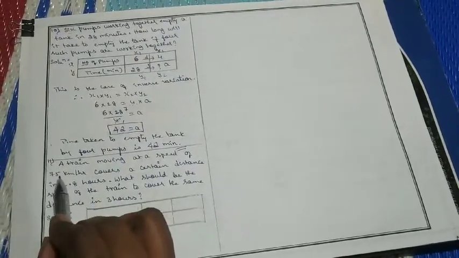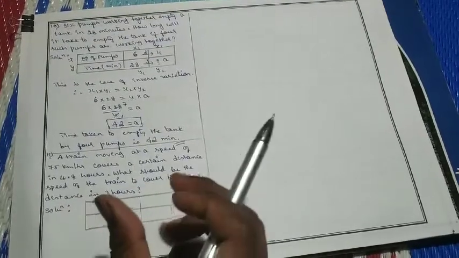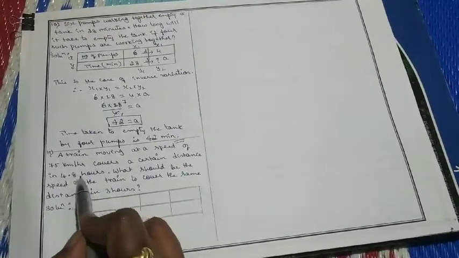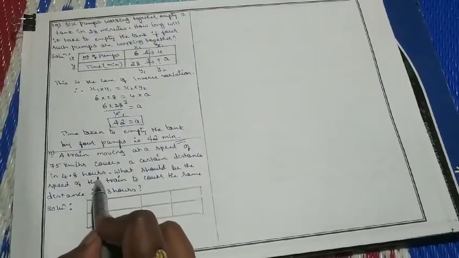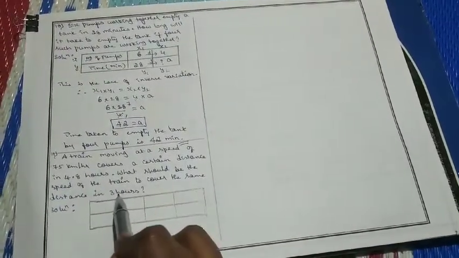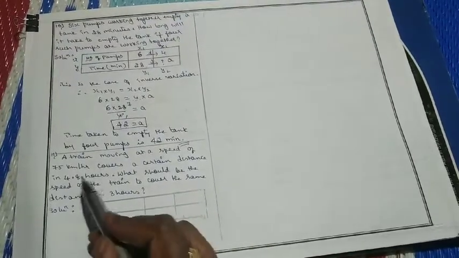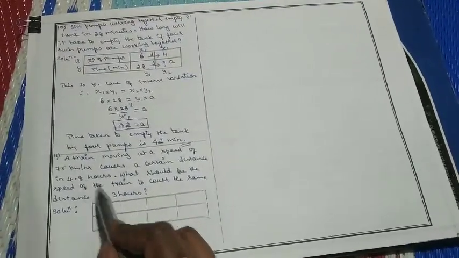So if the train has a speed of 75 km per hour and covers a certain distance in 4.8 hours, to cover the same distance and reach within 3 hours, then what should be the speed? So here the time is decreasing.